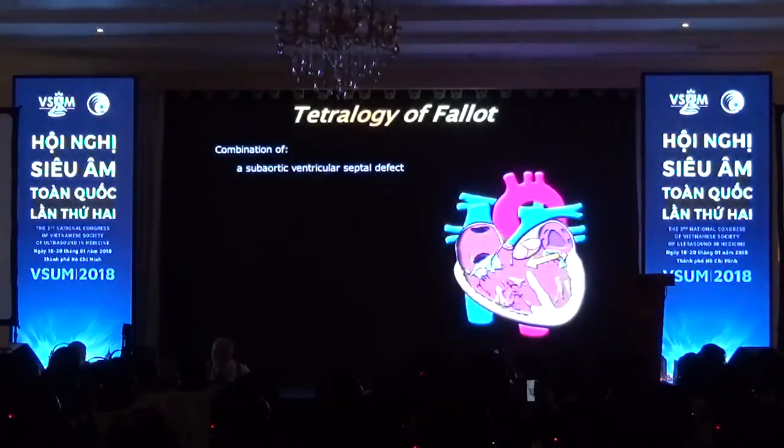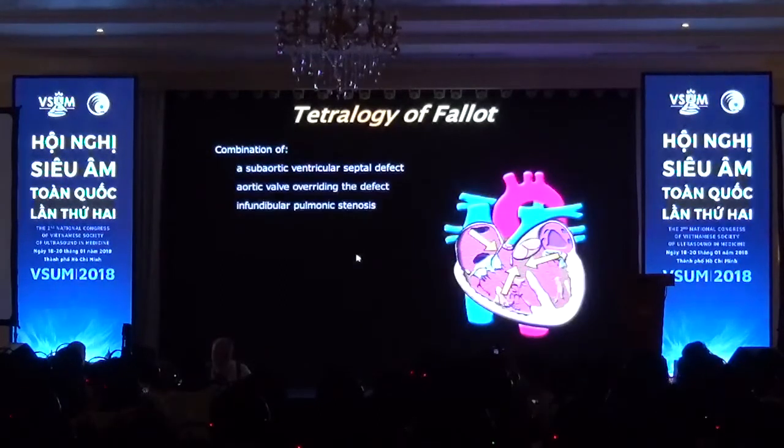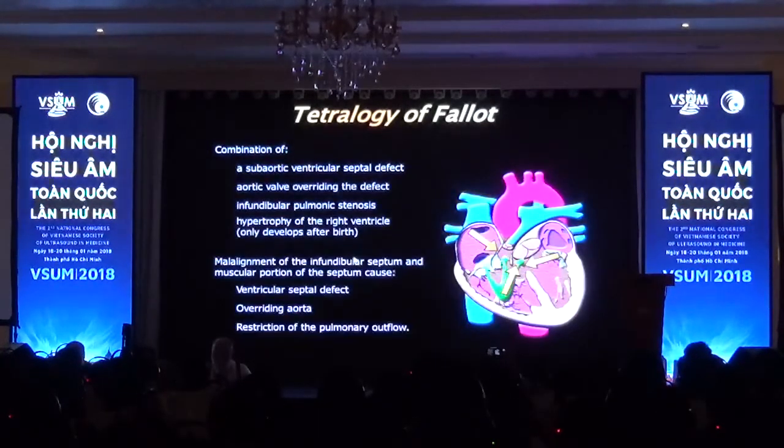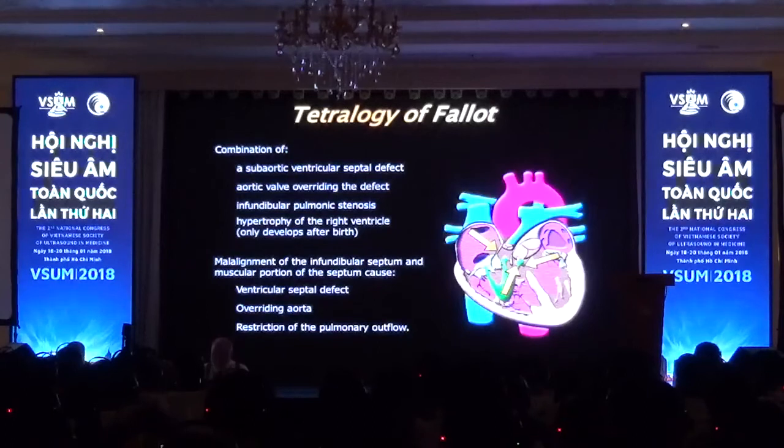Now, if you compare to the normal heart, in tetralogy of Fallot you have one single problem, which is the malalignment of the infundibular septum and the muscular portion. These two segments here did not align properly, and this caused three problems. First, there's a gap in between, so you have a ventricular septal defect.